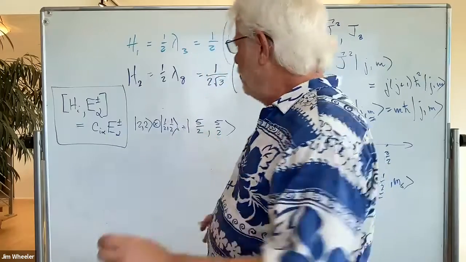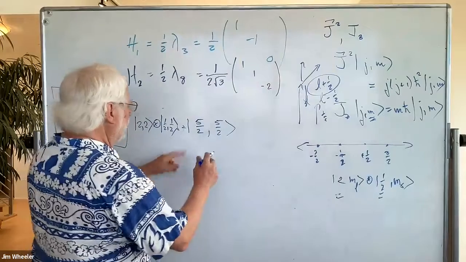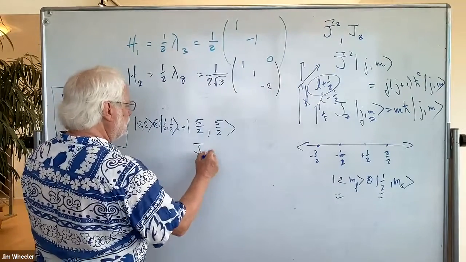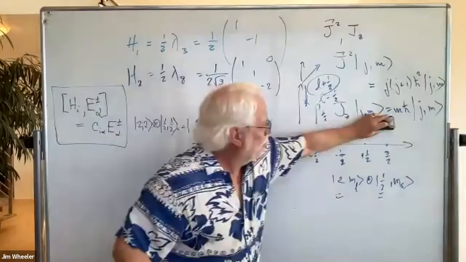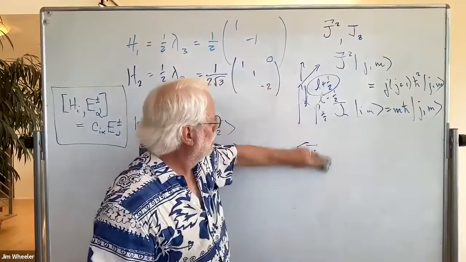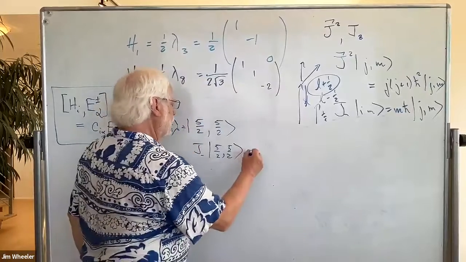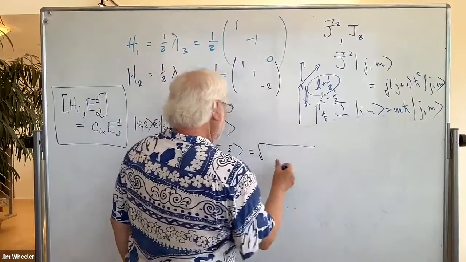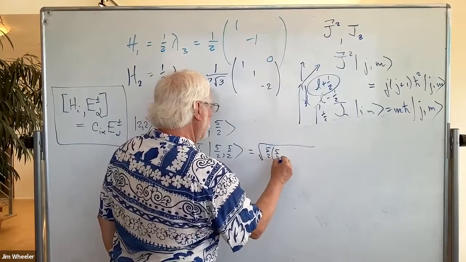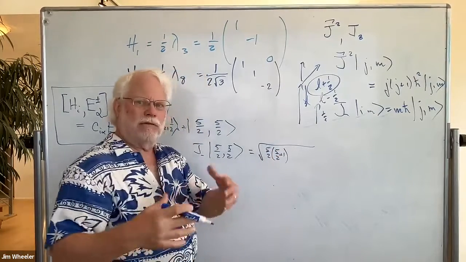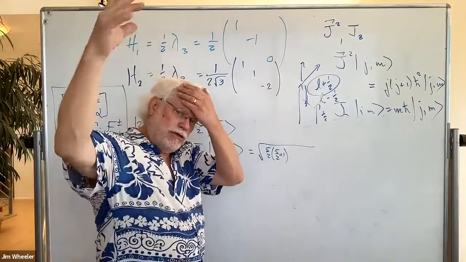So we need to do a little bit of detail here. I want to apply J minus to this. Well, J minus on this is just J minus for a 5/2 state, and that's the formula I wrote before. This comes out of that chapter 2 stuff.